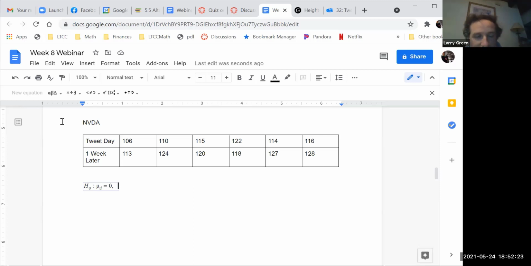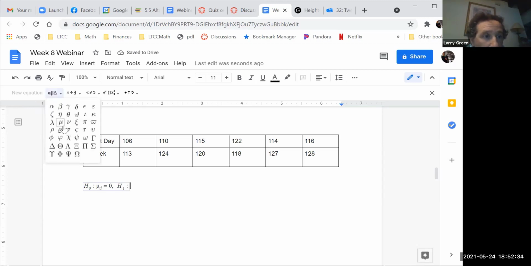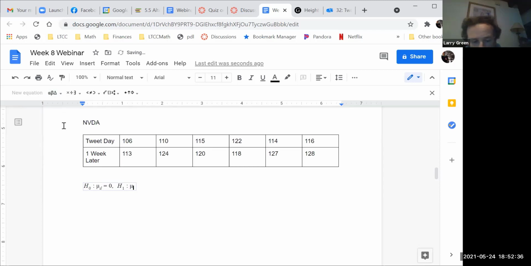The alternative hypothesis, H1, what do you think that's going to be? Let me write down mu sub D because it's about mu sub D. What's the inequality?